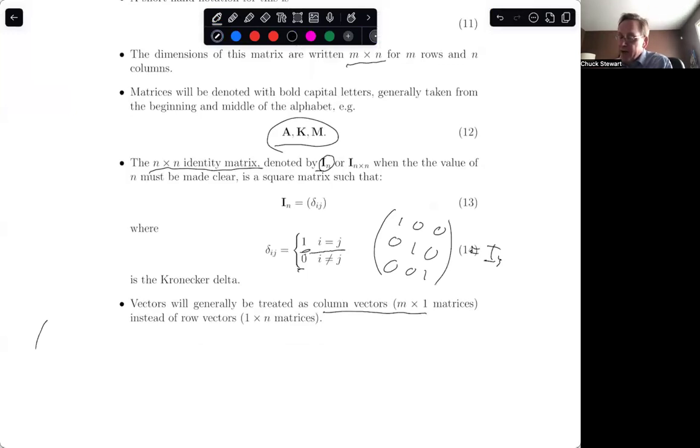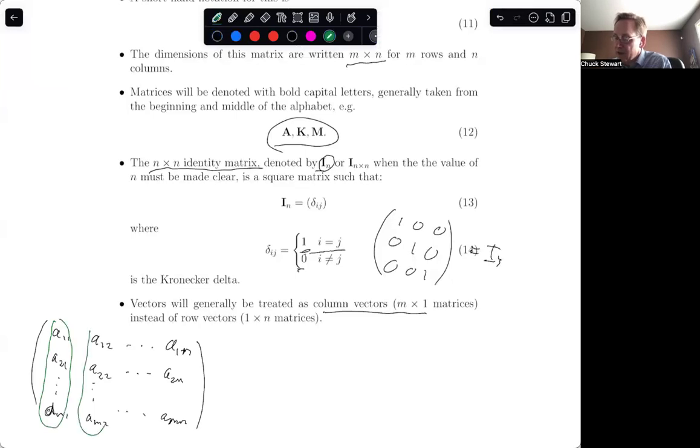So if we have these, we'll typically think of these as the column vectors. And similarly, we'll think of these as the row vectors.